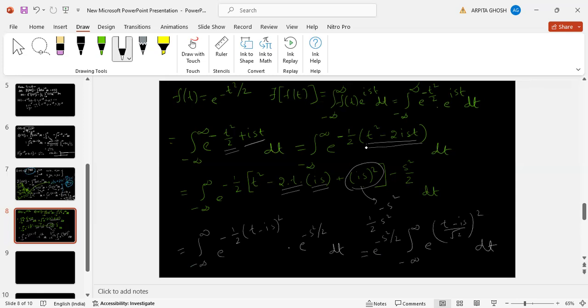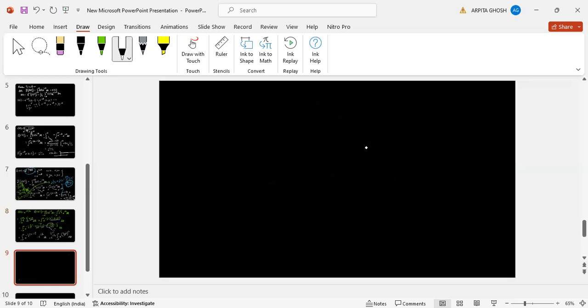So let us take that 2 to that whole square portion. So it will be t minus is by root 2 whole square. So this is equal to e to the power minus a square by 2 into integral from minus infinity.